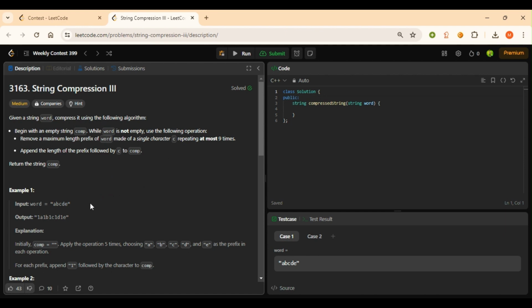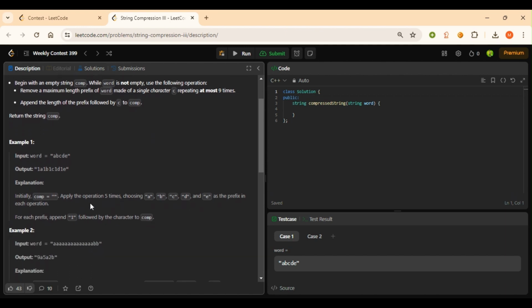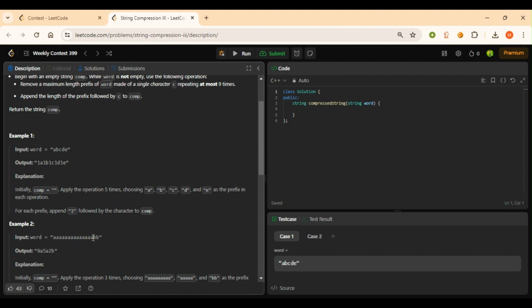If the number of consecutive letters is greater than 9, then we need to divide it into groups of 9 or smaller. Like if you see here, before this B, there are 14 A's. So we have divided it into two groups with 9 and 5, so 9 A's and 5 A's, along with the last two B's. You need to output in this form.